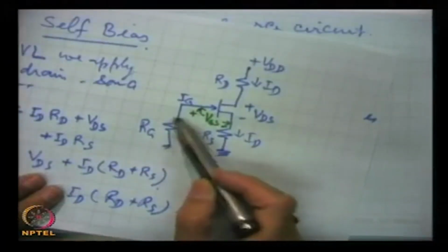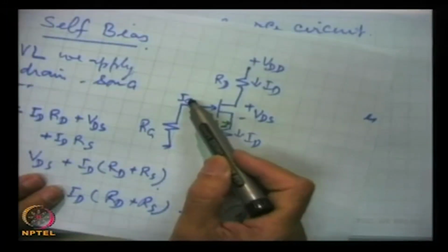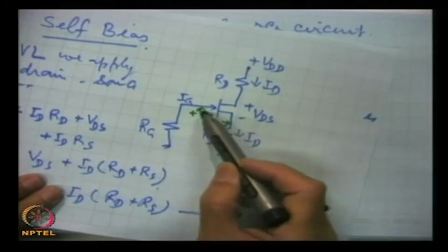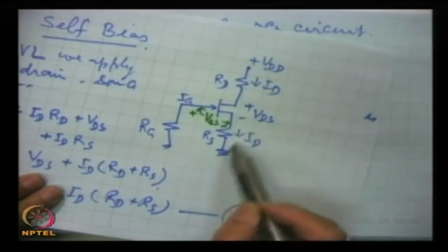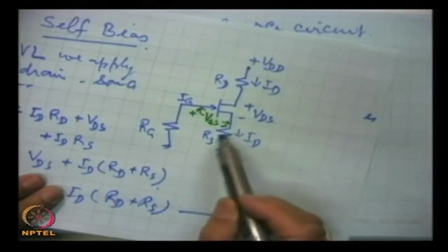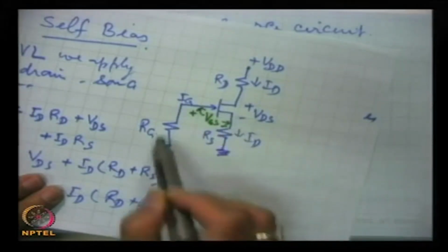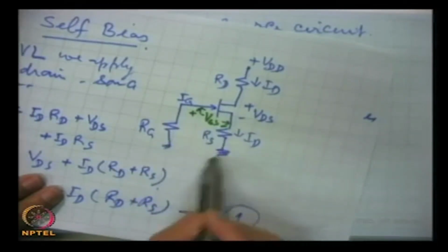So, the three voltages are involved: one across this because of current Ig, this voltage VGS, and the drop across Rs, because the input circuit, the gate source circuit, is this.